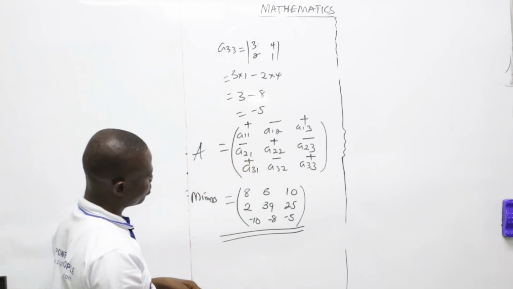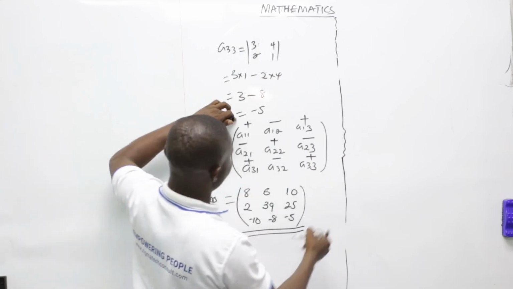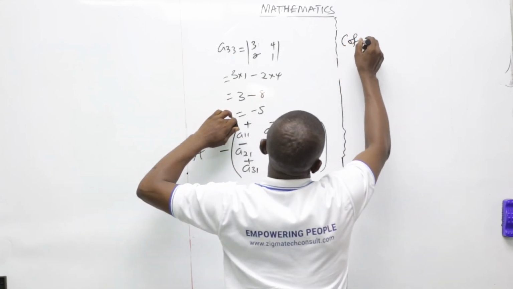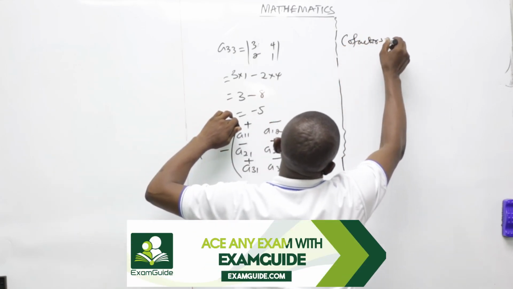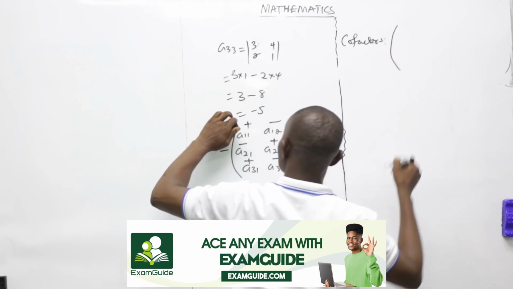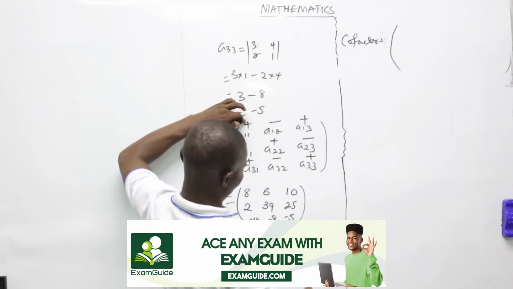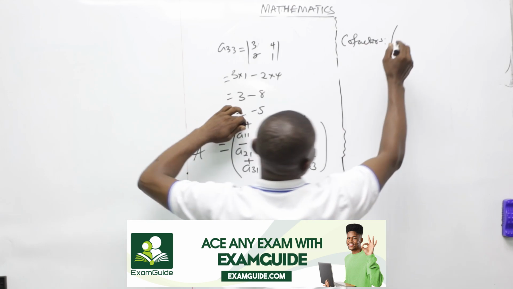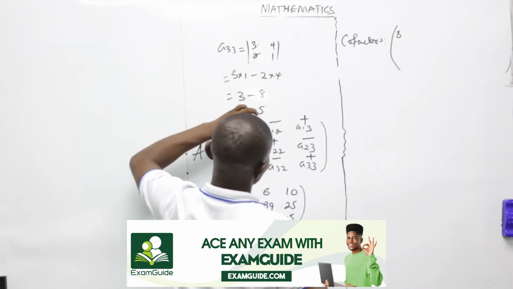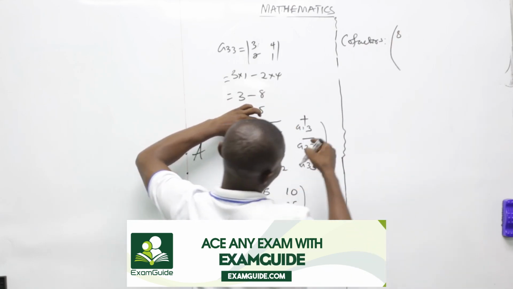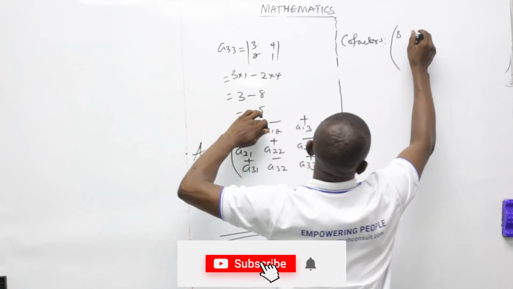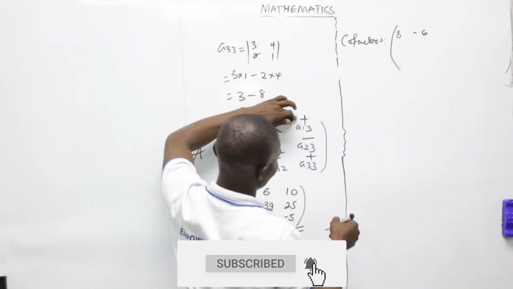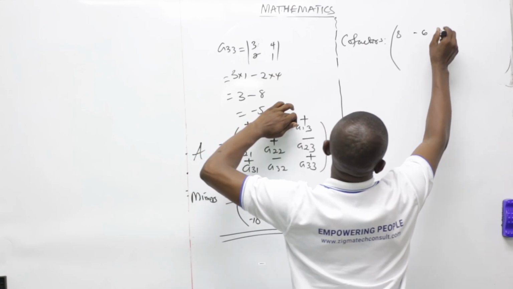Now, to get a cofactor for this question, we have the solution already here. Just watch for A11, that is the cofactor. The cofactors will give us, the first one is A11. What is the sign? Plus. Plus times plus is plus 8. Minus times plus is minus 6. See how it's changing? Plus, which is 10.